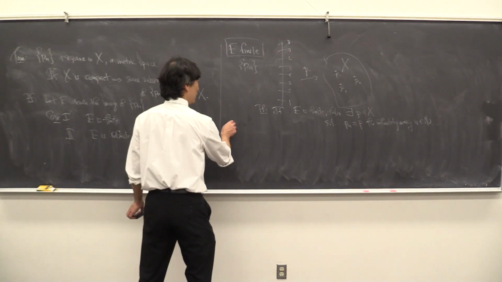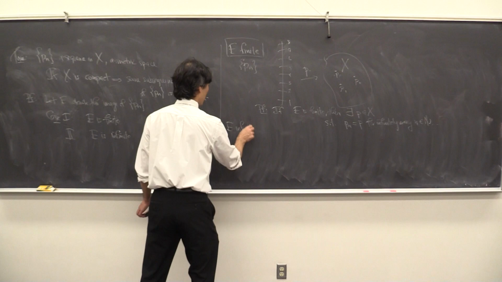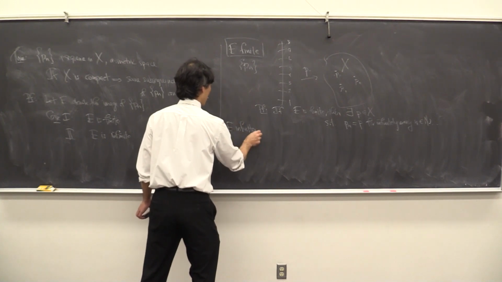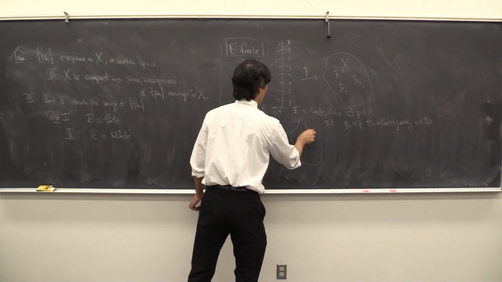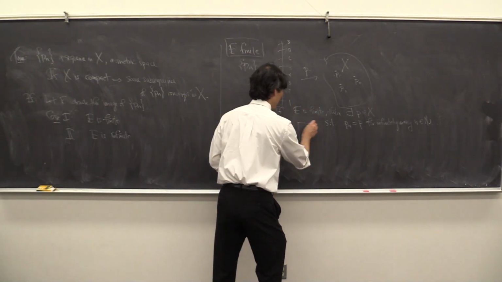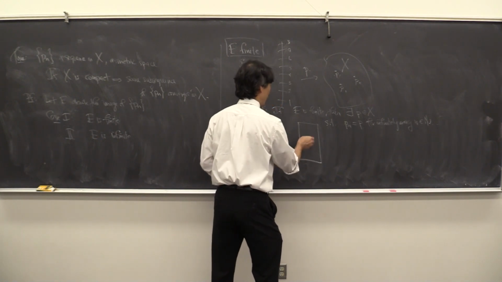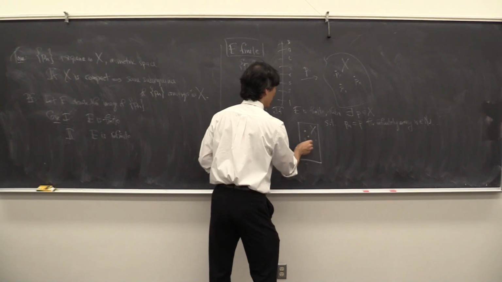So the more interesting one is E infinite. Now X is compact, remember, and you've got infinitely many images.